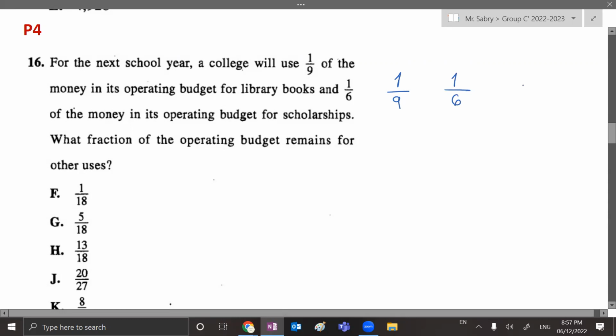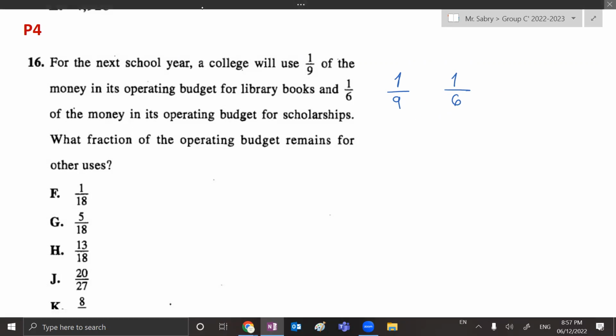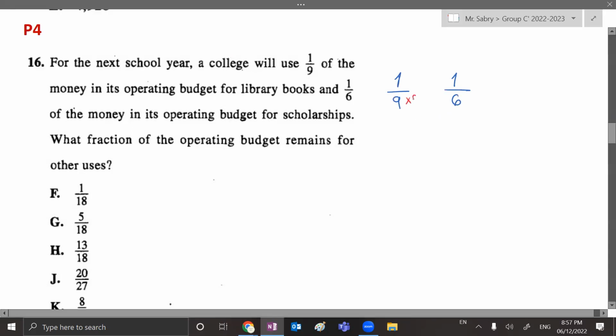I don't know what 1/9 and 1/6 represent compared to each other, so I need them to be out of the same denominator. How to do so? If I multiplied this one by 2 up and down, and this one by 3 up and down, they will both have the same denominator of 18. So 1 times 2 will become 2/18, and 1 times 3 will become 3/18. This means they took 2/18 of the budget for library, 3 out of the 18 for the scholarships.